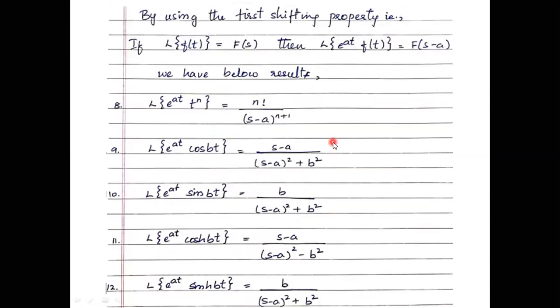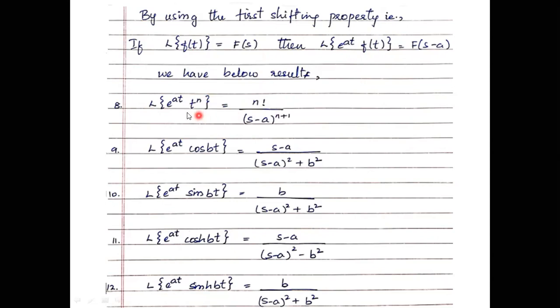And by using the first shifting property, that is, if L of f(t) is equal to F(s), then L of e^(at) f(t) is equal to F(s minus a). We are using this in the below results. So L of e^(at) t^n is equal to so much.